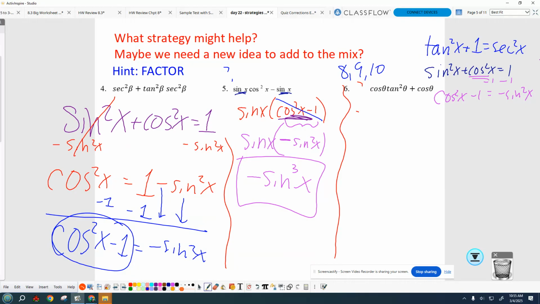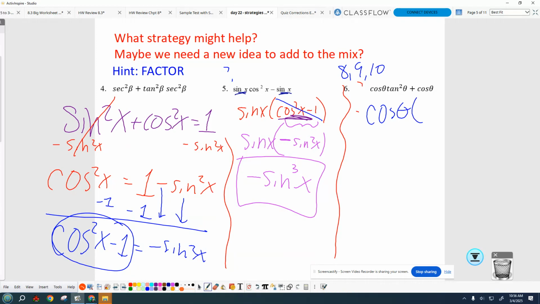Is the answer for 6 secant x? Okay, let's check. So number 6, what factors out of both pieces? Cosine. So when I take cosine out, Valentina, what's left in when I take cosine out of both lumps? Tangent squared theta plus 1. Hey, there's an identity for that. Emma, tangent squared theta plus 1 equals what? Secant squared. So that's cosine theta times secant squared theta.